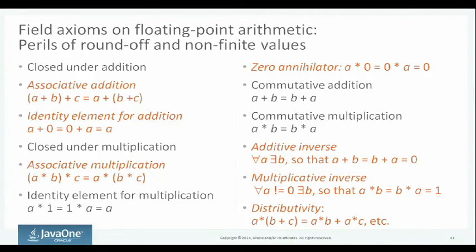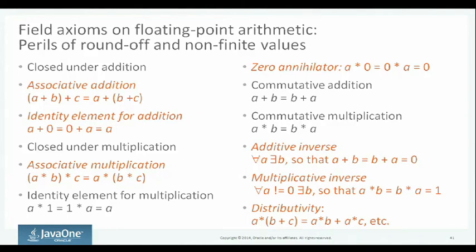The reason this doesn't work is because of negative 0. Negative 0 plus positive 0 is positive 0. And you can tell negative 0 and positive 0 apart if you divide by them. So 1 over negative 0 is negative infinity, and 1 over positive 0 is positive infinity. So while they're almost always equivalent, negative 0 and plus 0 are not always equivalent. So that's why this identity doesn't hold.